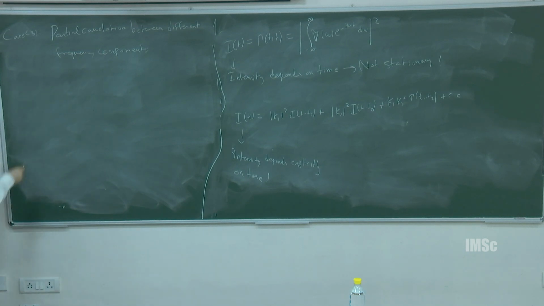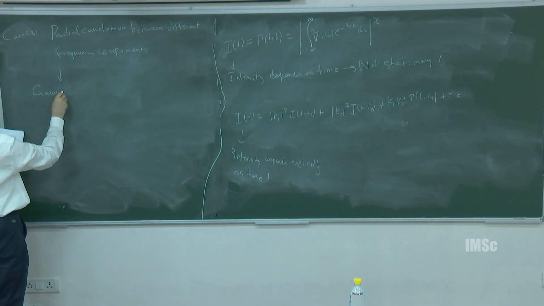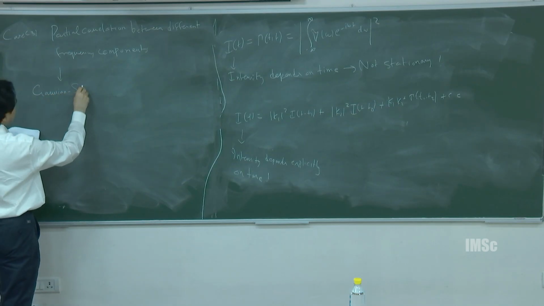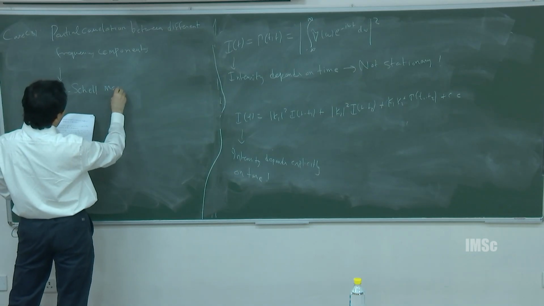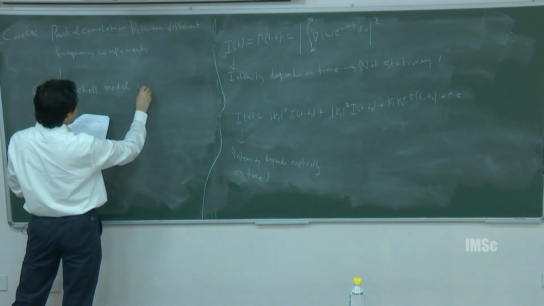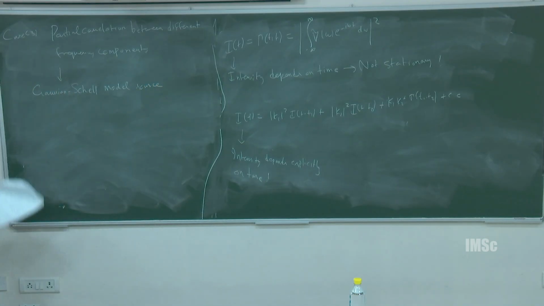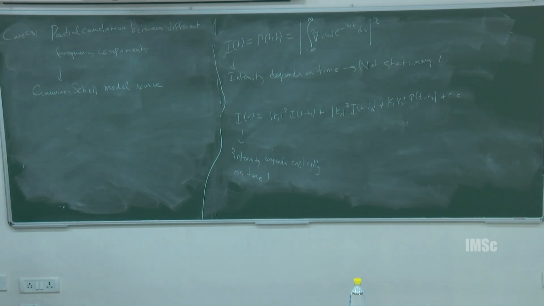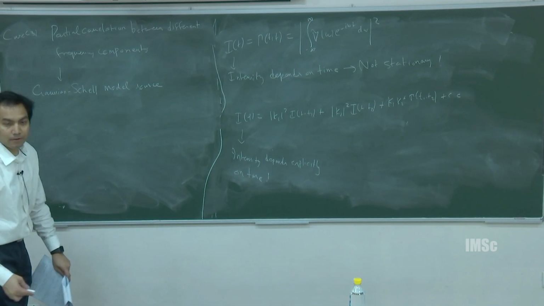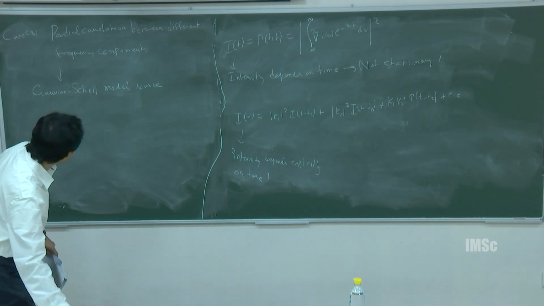A well-known example is the Gaussian shell model source. So we'll briefly mention what this source is, what this model is, but we won't be able to go into all the details because that would take us on a different trajectory altogether.